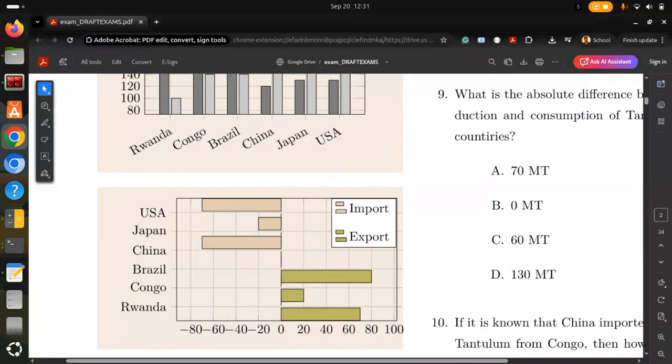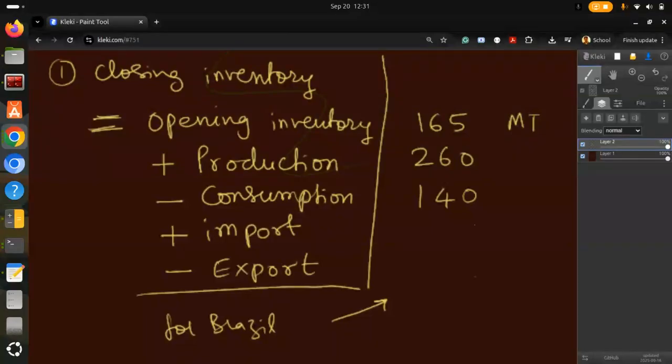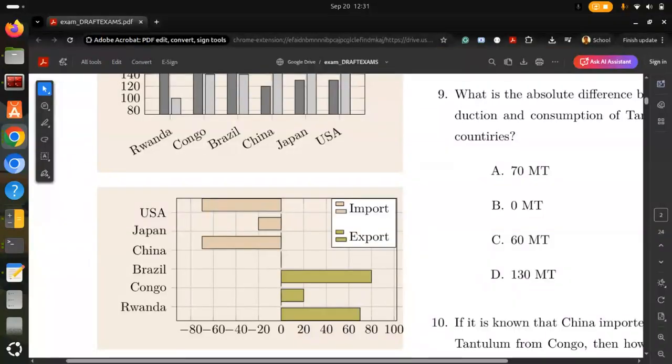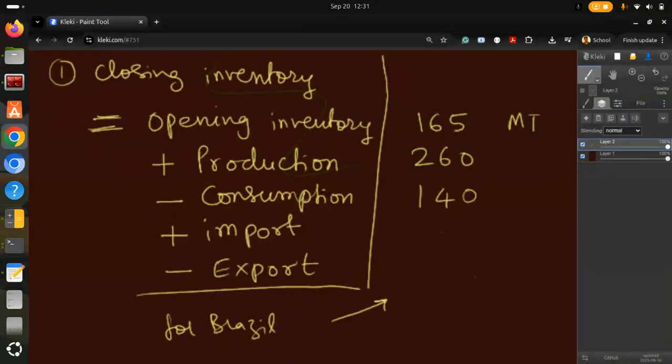It is exporting about 80, and import is zero for Brazil. So import is zero and export is 80. Production will be positive, consumption negative, import positive, and export negative.